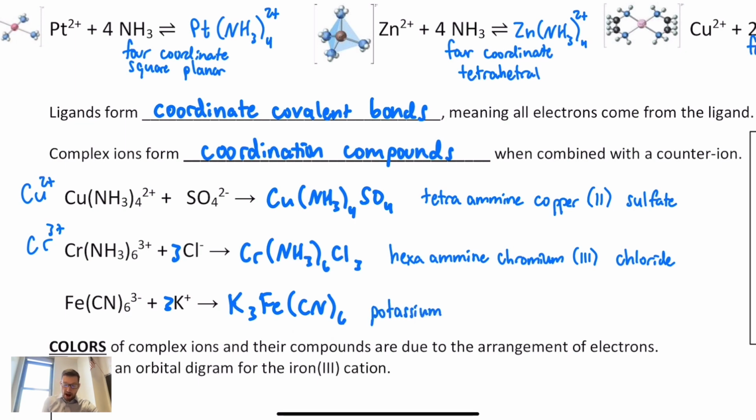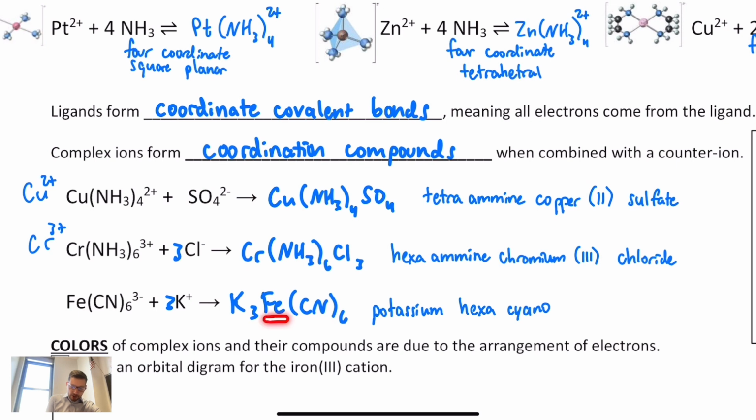Then I name the iron complex. There's 6 of the ligand, so we use hexa for 6. This is called a cyano. It's in the chart off to the right in that little table. So hexacyano. This is an iron, and I can figure out what the charge on the iron is by zooming in and looking at the complex. It's overall 3 negative, and each cyano group is -1.